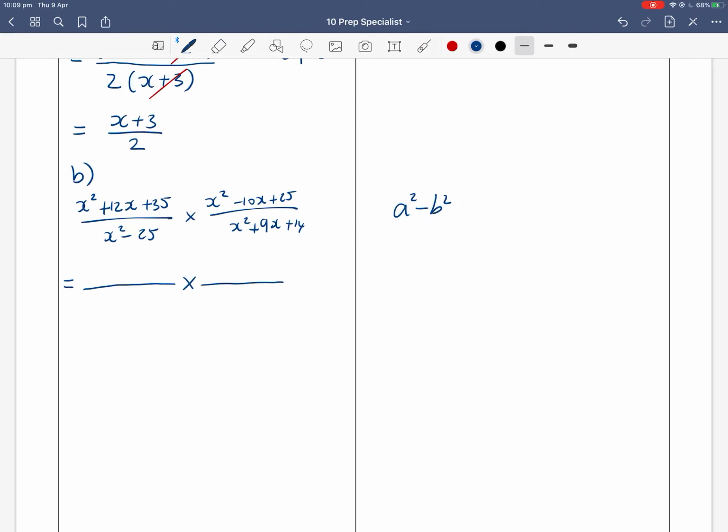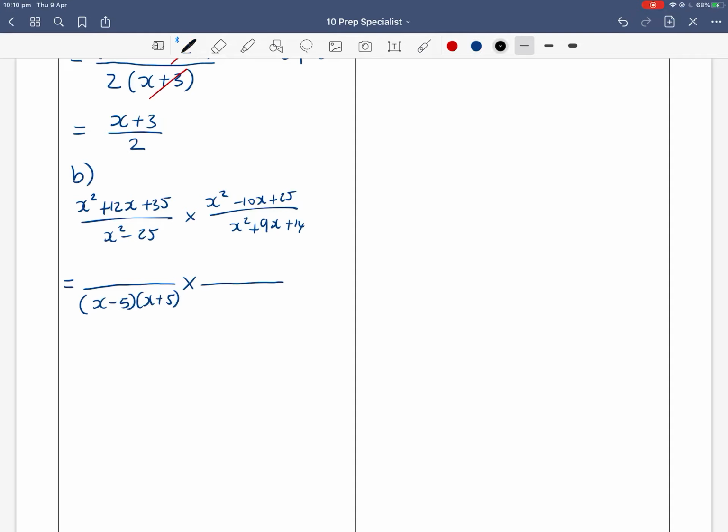So if you remember, a squared minus b squared factorizes to a plus b times a minus b. So we can easily factorize the one on the bottom to be x minus 5, x plus 5, because 5 squared is 25. Now for the other three, we need to do a bit more of the plus b times ac side calc. So on the side, I'm going to write that in.